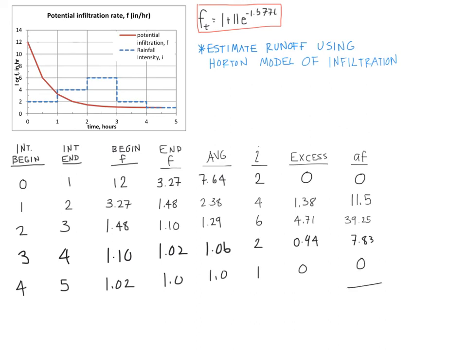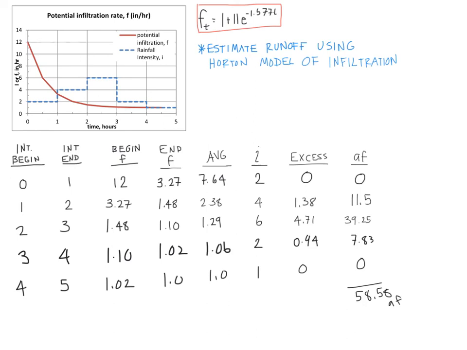The total excess water that was not infiltrated but became runoff is 58.58 acre feet of water.